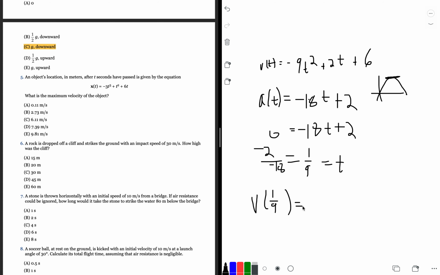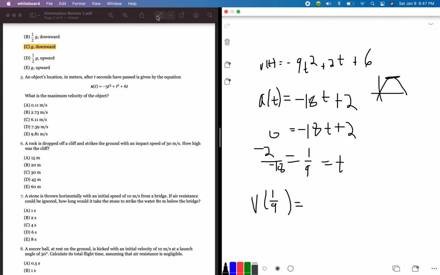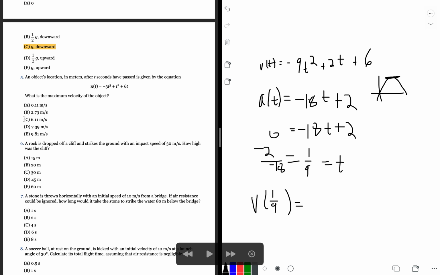I'll just, it is 6 point, so it's 6.11. So the answer is C.